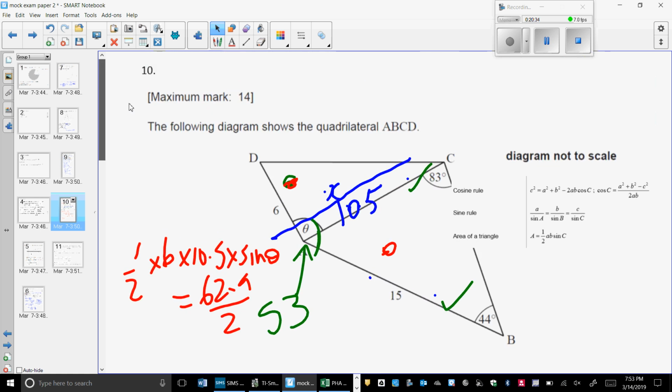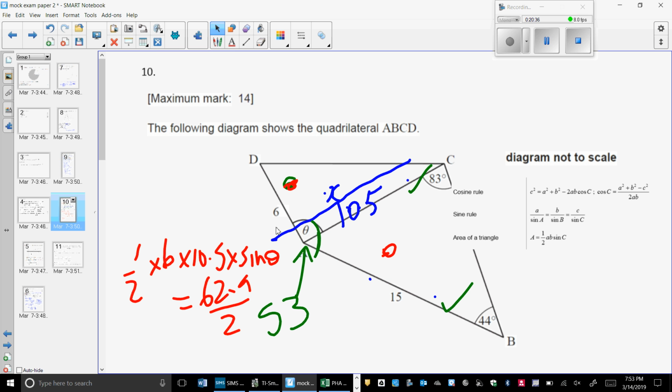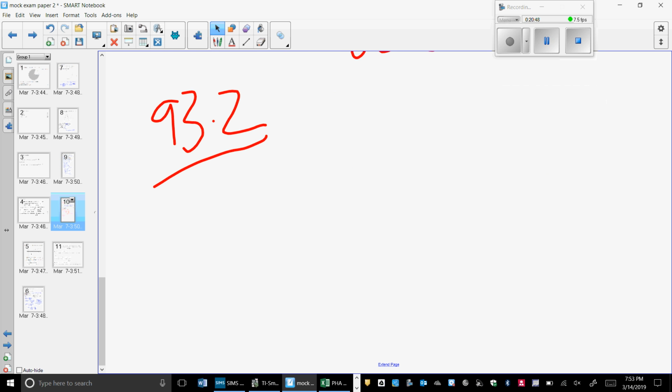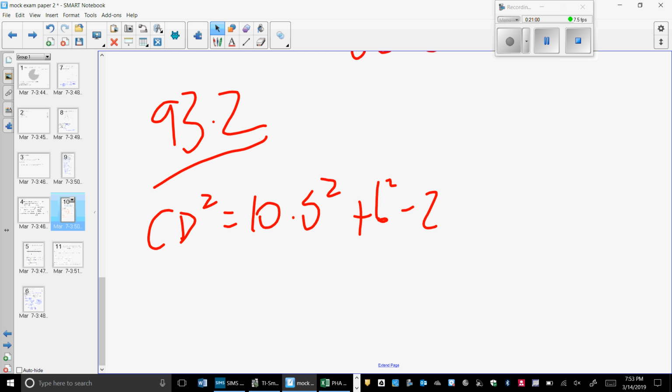CD. CD. So because we know this angle, we know this length, we're trying to find this length. So we're using the cosine rule here. So we've got, what length is it? CD squared is 10.5 squared plus 6 minus 2 times 10.5 times 6 times cos 93.2.